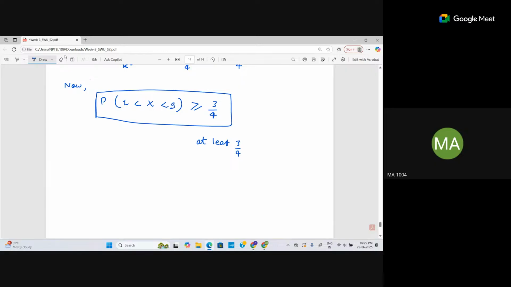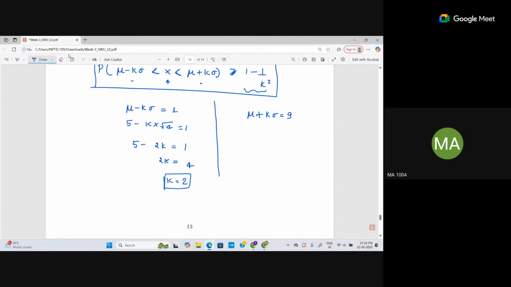So at least means this is the minimum value given to us. So it could be at least 3 by 4 or greater than this. At most means the maximum value is 3 by 4, so it should be less than or equal to 3 by 4, which is not the case here. So this is at least 3 by 4 and not at most. So option number C is correct here.